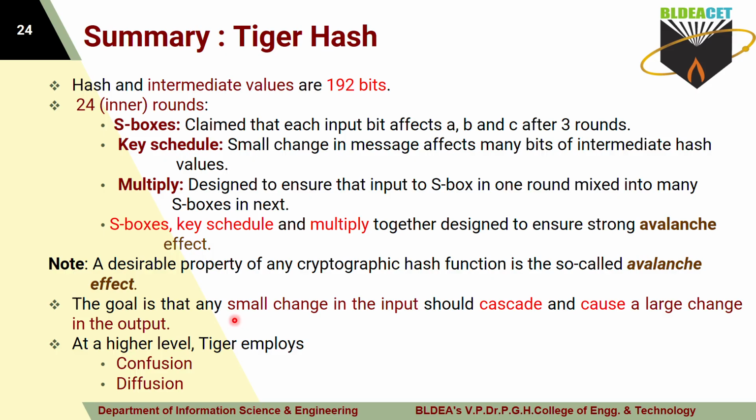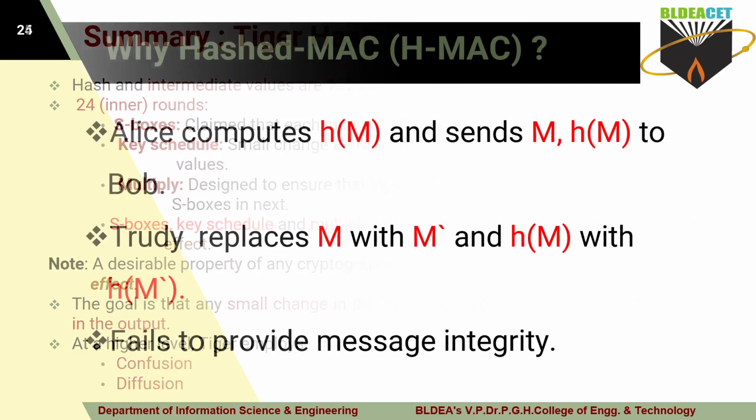That is, any small change in the input causes a large change in the output. At a high level, Tiger employs confusion and diffusion, that is, substitution and permutation effects. This is the summary of the Tiger hash function.